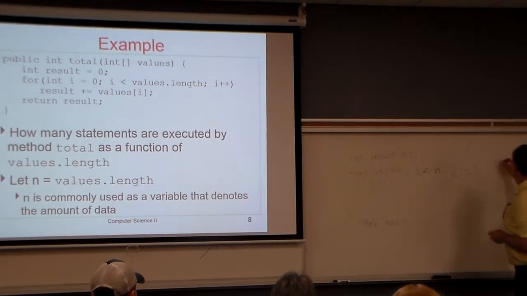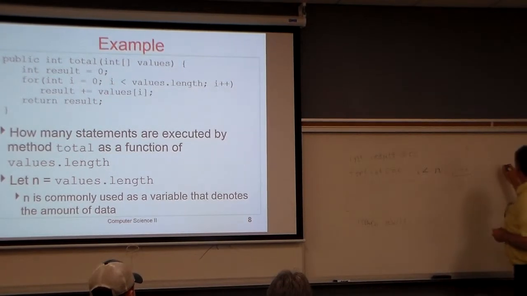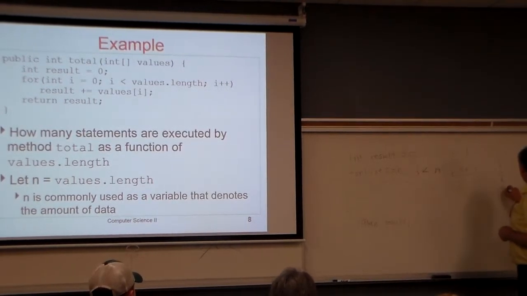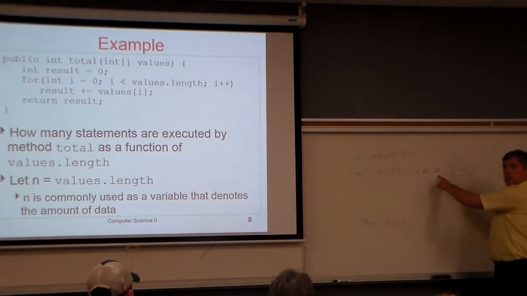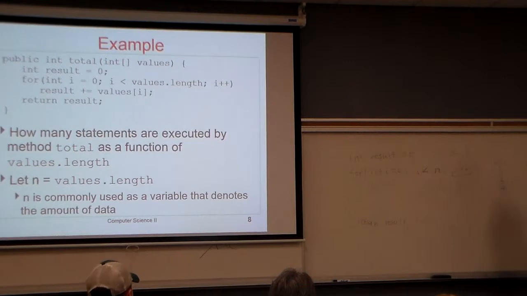Initially it's 0. Let's say that n is 4 in this case. So we're going to start off at 0, we're going to add 1, we're going to add 2, add 3, add 4, but when we get to 4, it's the same thing as n, so we won't update it after that. So how many times do we do it? We did it 1, 2, 3, 4.